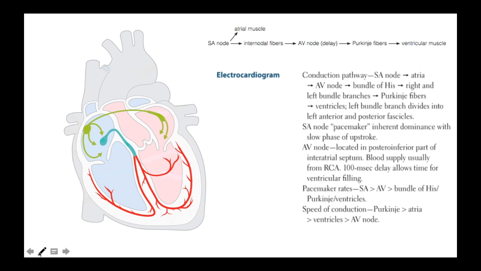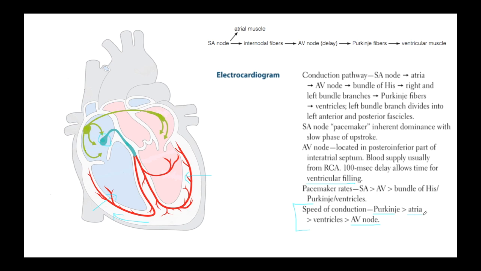So again, I'm pulling this slide from earlier when we were talking about speed of conduction, just like Yash said, Purkinje's are fastest. AV node is the slowest. Purkinje is fastest because we want to make sure that that potential is being conducted super quickly throughout all these cells in our ventricles so they can conduct together, while our AV node is concerned about ventricular filling, so it wants to slow it down.